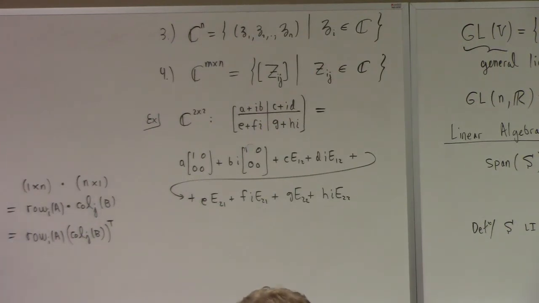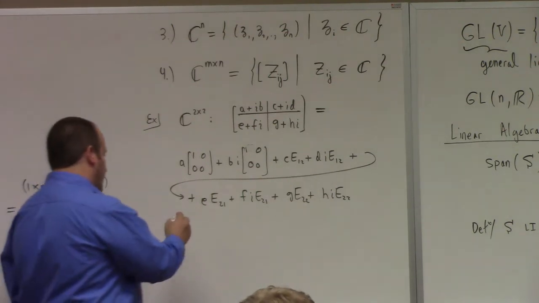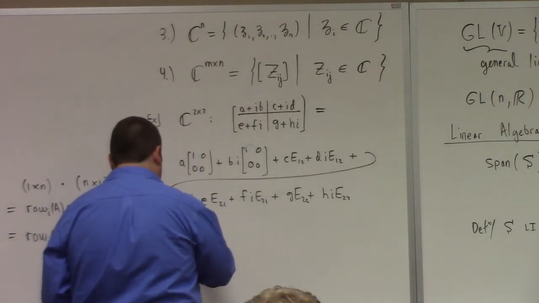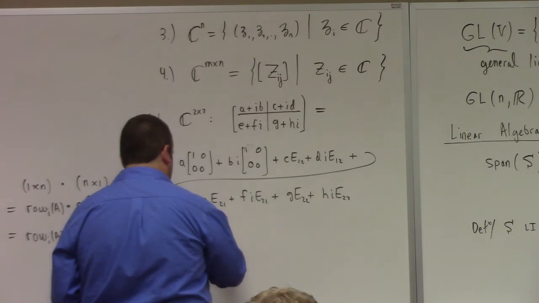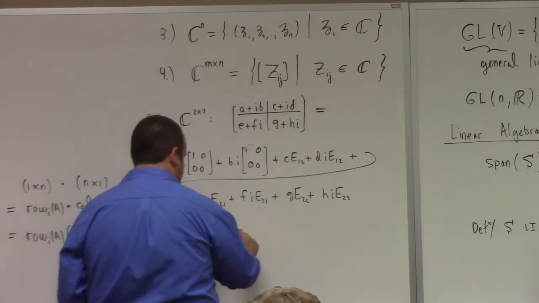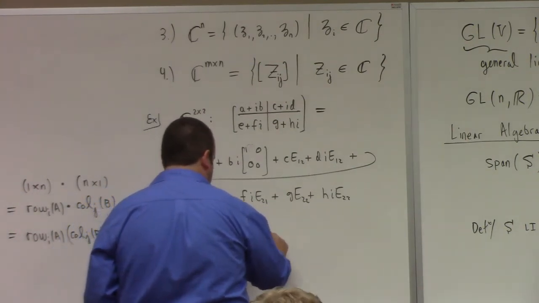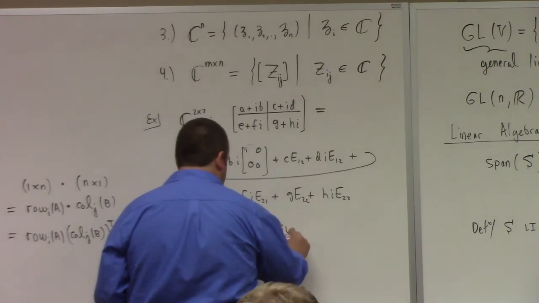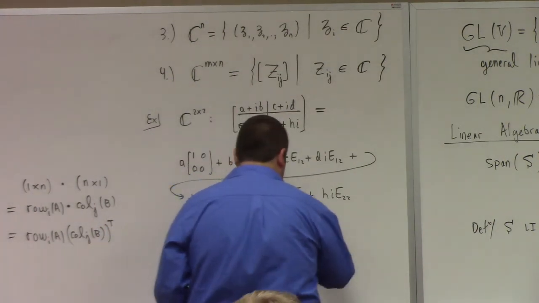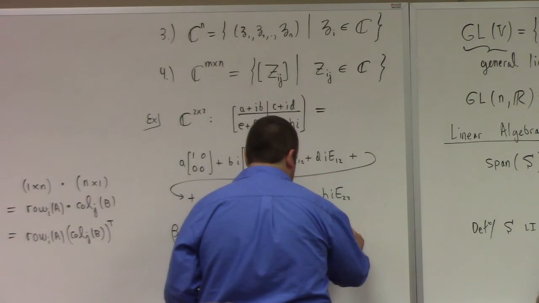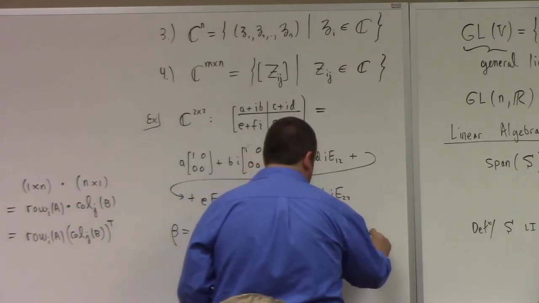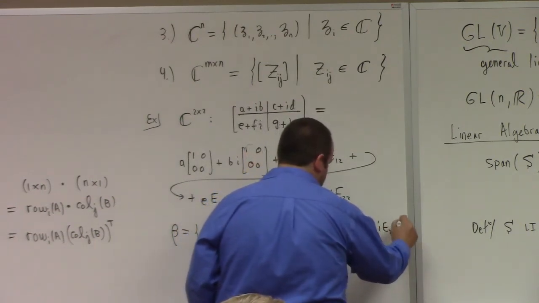I've written it as a real linear combination of these particular 8 matrices. So one basis you could choose, beta, would be E11, iE11, E12, iE12, E21, iE21, E22, iE22, right?